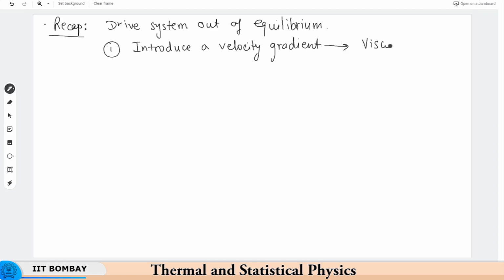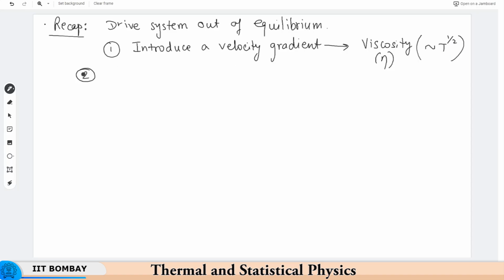We saw that this viscosity, which we denoted by the symbol eta, scales with temperature raised to the power half, right? And this more or less matches with experimental observations as well.